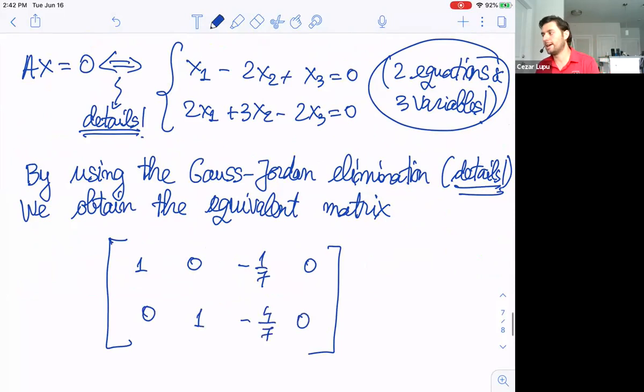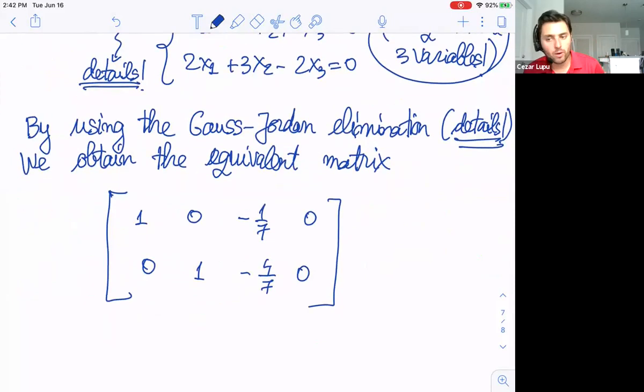And now when we obtain this kind of matrix, it's quite easy to observe the solutions, right? So let's see. Clearly, first of all, by just looking at the system in the first place, what do you think? How many solutions do you think the system has?